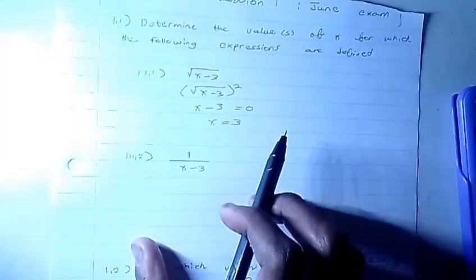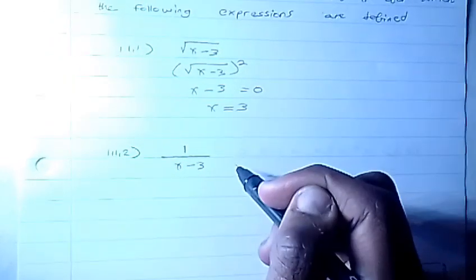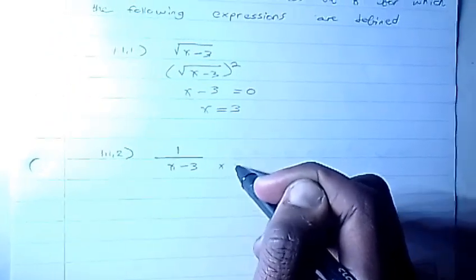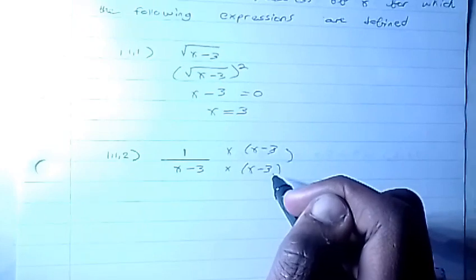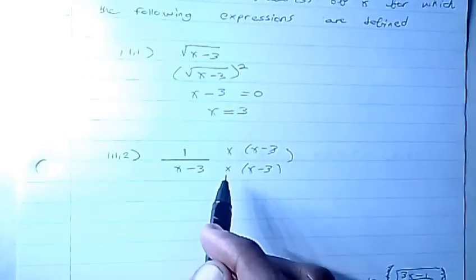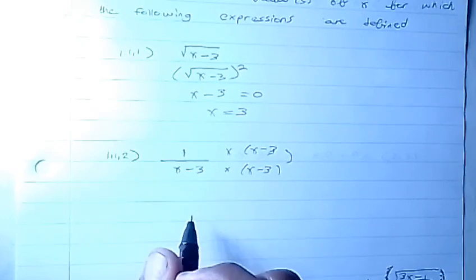Our next question is that we're out to get the value of x. From here we're going to have to get the LCD. We first find the LCD, which is x minus 3. So we're going to times both sides by the LCD, which is x minus 3.